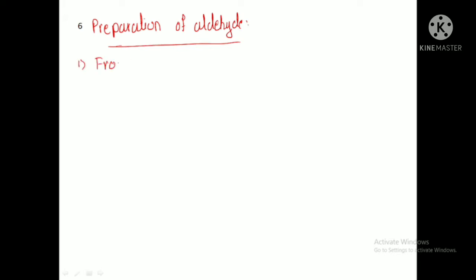Next is preparation of only aldehyde. First method of preparation is from acyl chloride. This is a very important method of preparation of aldehyde.